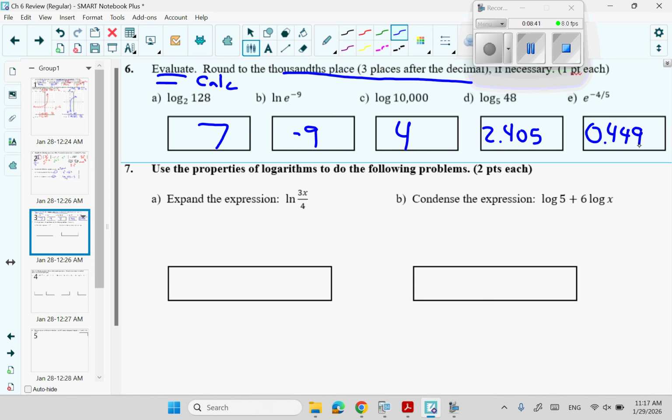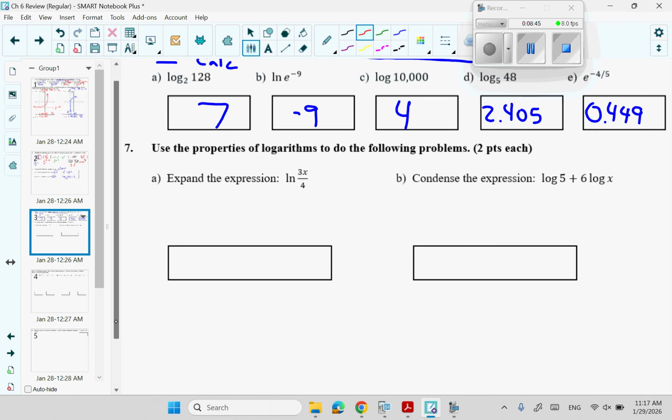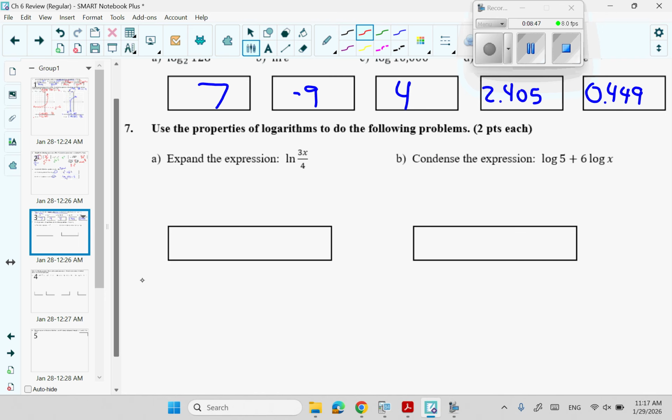Okay. Number 7. Number 7 is all about asking, do you understand the properties? So remember that if I have something like log of x plus log of y, and I'm adding on the outside, that's the same thing as multiplying on the inside, x times y.